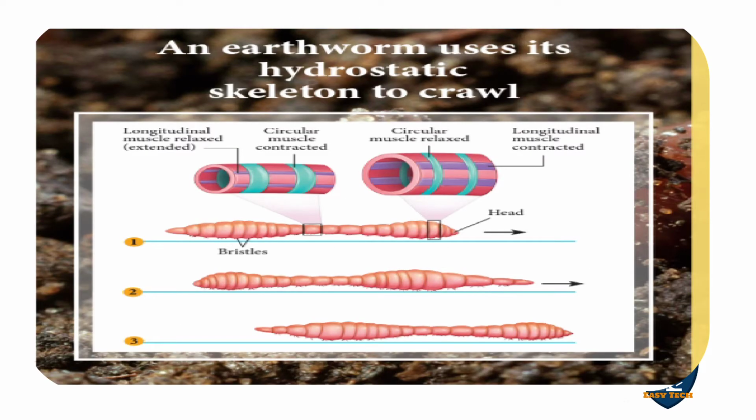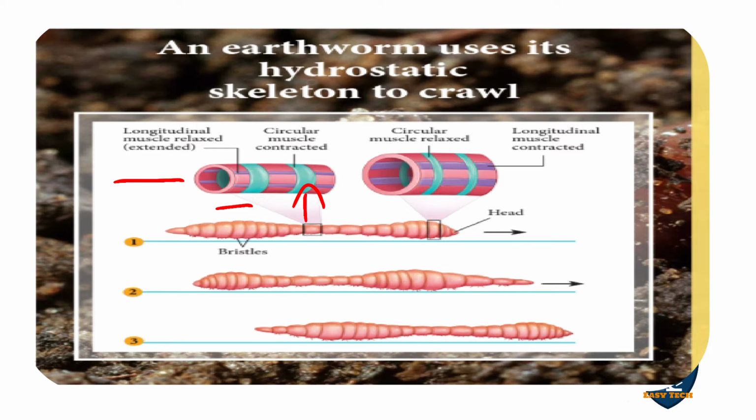This is the hydrostatic movement of the skeleton, and it has a longitudinal muscle, where muscle relaxation takes place. Here is the circular muscle, and this portion is the longitudinal muscle, which relaxes, that is extends, and the circular muscle will contract.